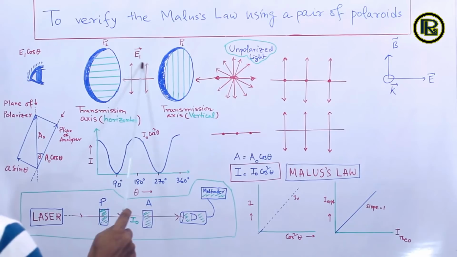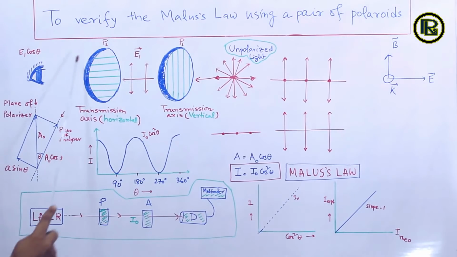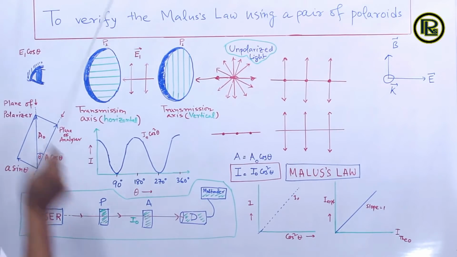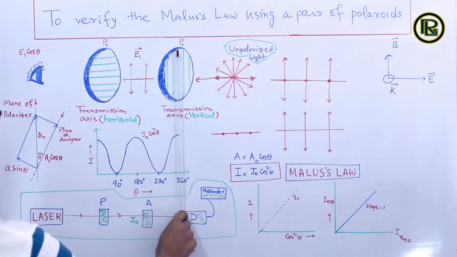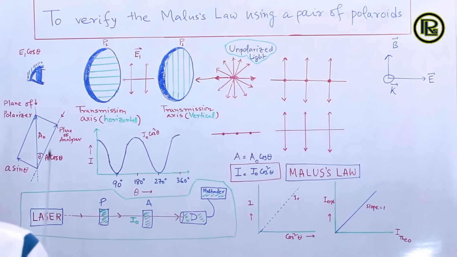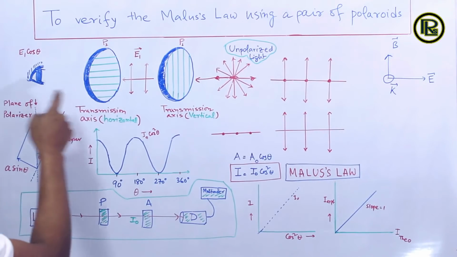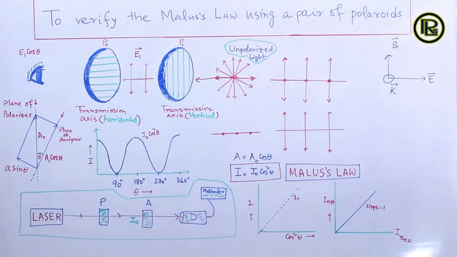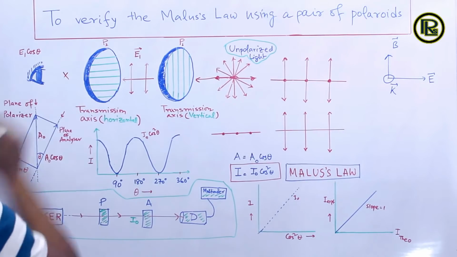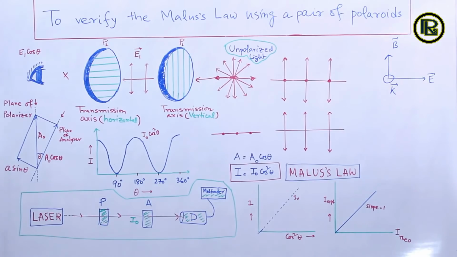So this is E1. Now if we have another Polaroid like this, having optic axis perpendicular to the optic axis direction of this plate P1, then this will not allow this particular vibration of the electric field. Therefore, we will not get any light here. So you get completely dark here.